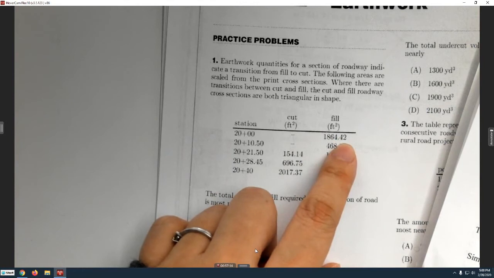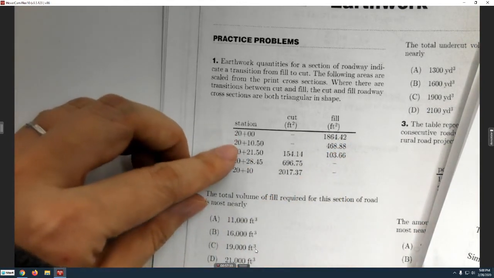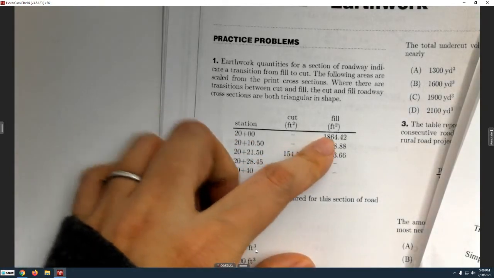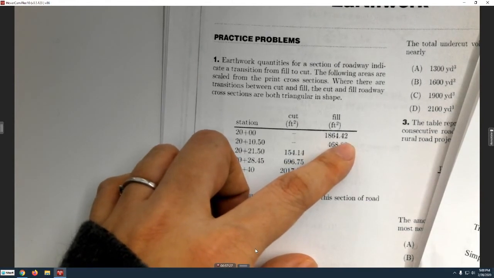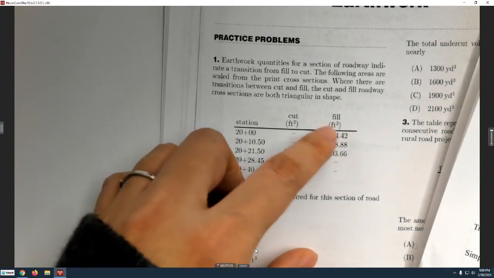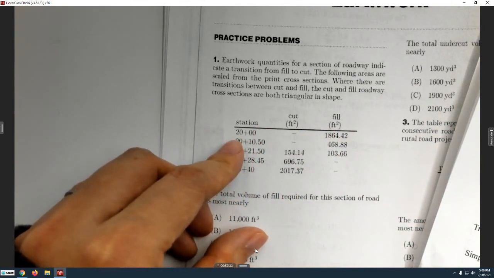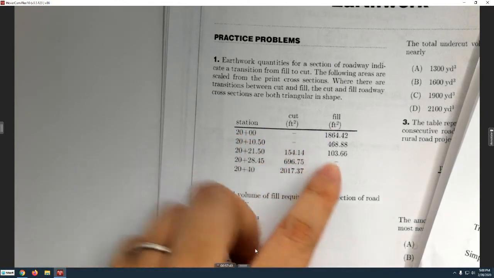So for this one, from this station to this station, the cross section area changes from this to this. Okay. So how do you calculate the volume? Take the average of these two, multiply by the length. In this case it is 10.5 feet between these two stations. Okay, so do the volume calculation.